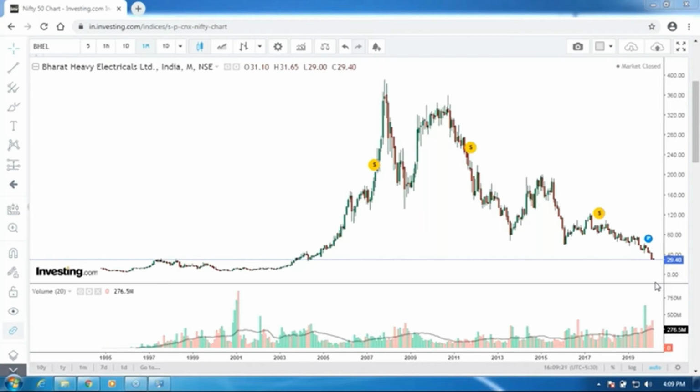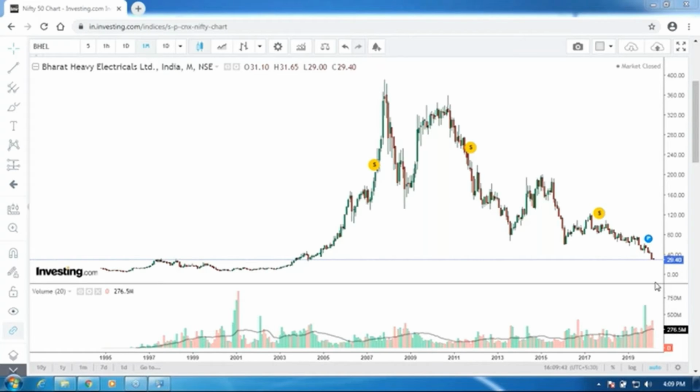And we've got a lot of tools in our armory that help us exit and enter at the right point. But even if you don't have them, or that is too difficult for you, you could still be okay. It's okay to exit slightly lower than the top. It's okay to buy slightly higher than the bottom.